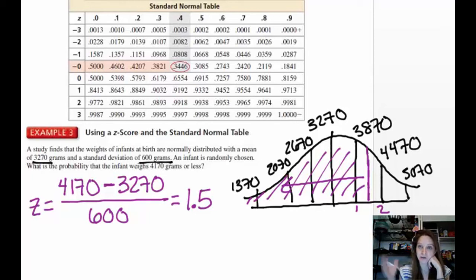So now I use the standard normal table, and I'm looking for 1.5.